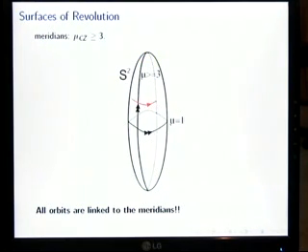And this winding implies that, in fact, all orbits are linked in S3. But to talk about S3, we need to be very careful here, because pi 1 of the unit tangent bundle of S2 is non-trivial.